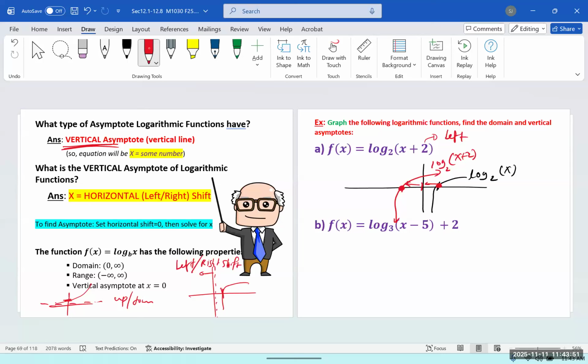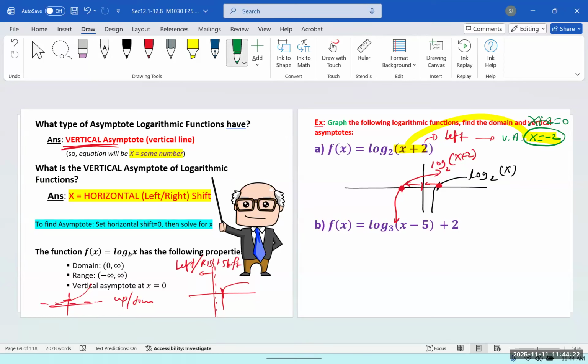Now you also have to indicate its asymptote. What is your asymptote here? The vertical asymptote is x equals -2. You get the asymptote from here. When you solve for x from the inside, that's your asymptote. So x plus 2 equals 0.